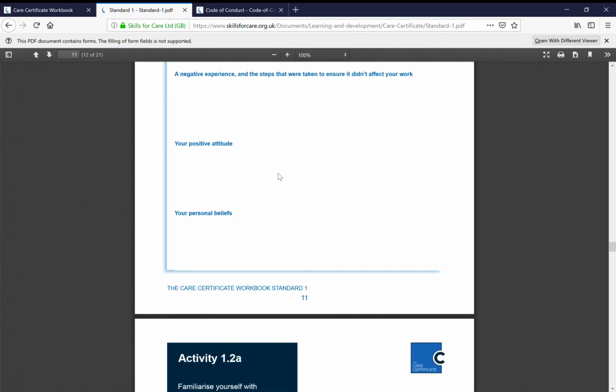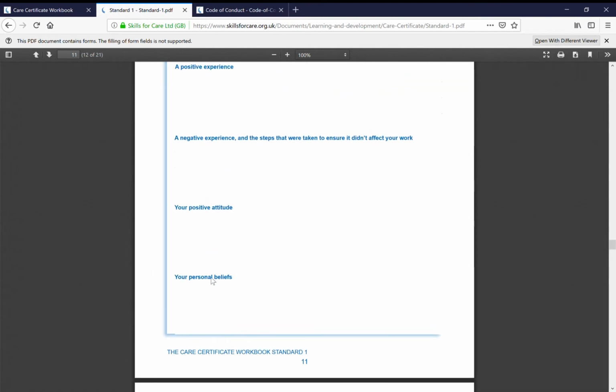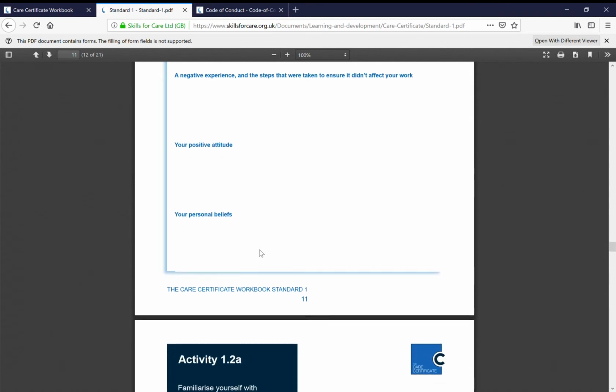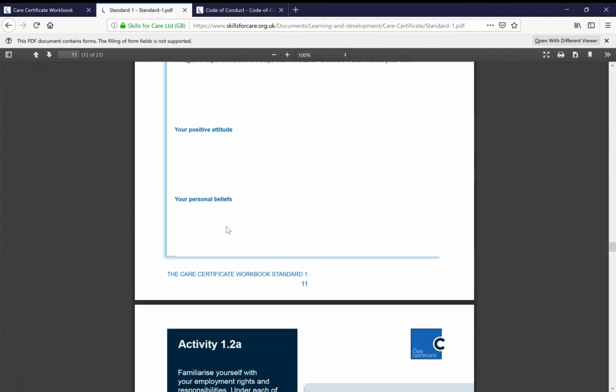Your positive attitude, how does that affect you in your workplace? And also your personal beliefs, how might that affect you? One example, tattoos. Some people don't like tattoos, some people love tattoos, and for me, if as a care worker you have got tattoos, that's absolutely fine, but we do need to consider that the people we're supporting might not have the same value of a tattoo as you do.